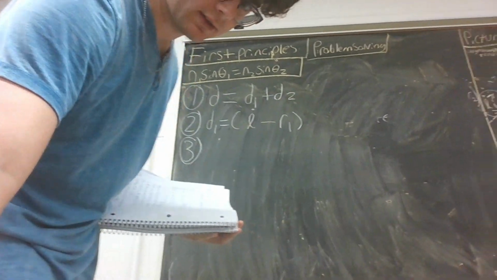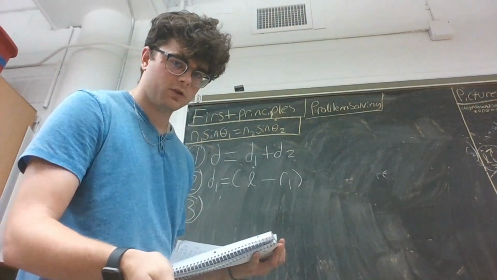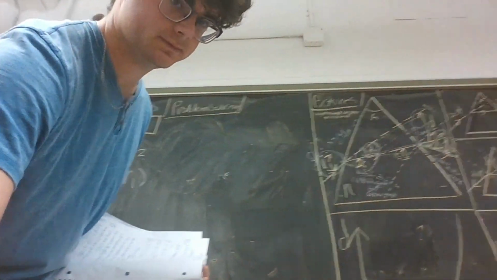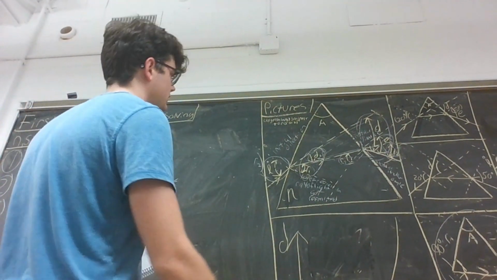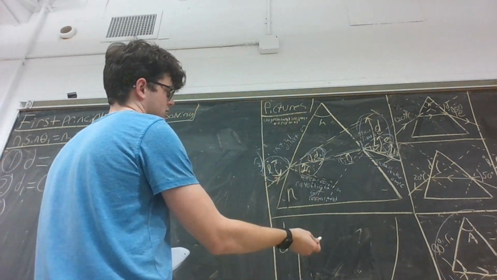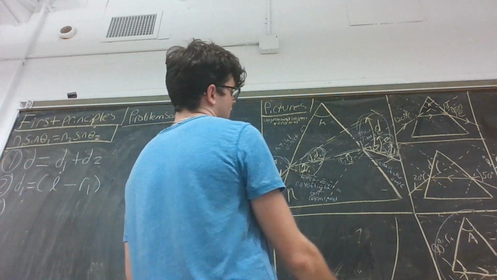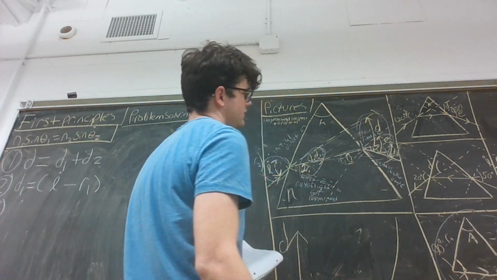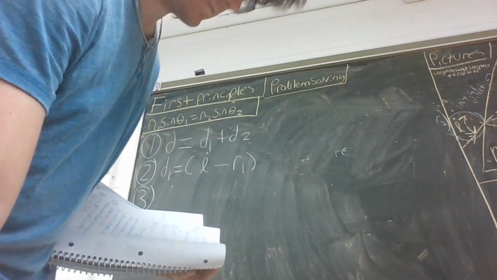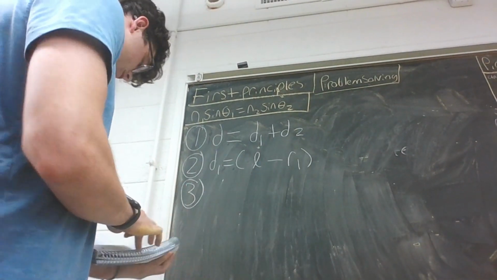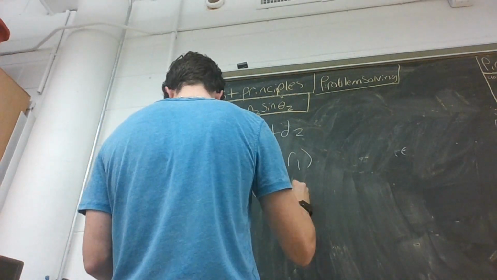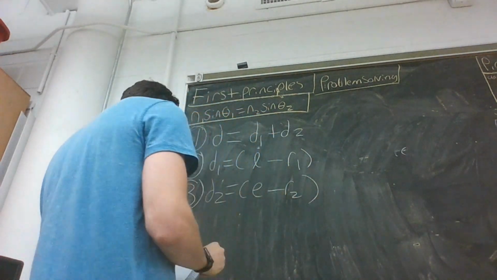Sorry, I forgot to explain. R1 and R2 are the angles of refraction. R1 is right here, the angle of refraction of the incident ray, and R2 is the angle of refraction of the emergent ray.